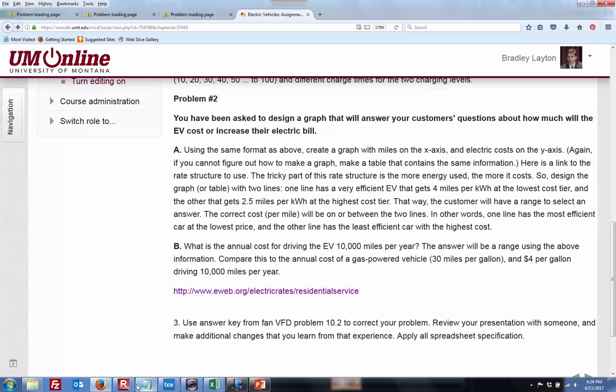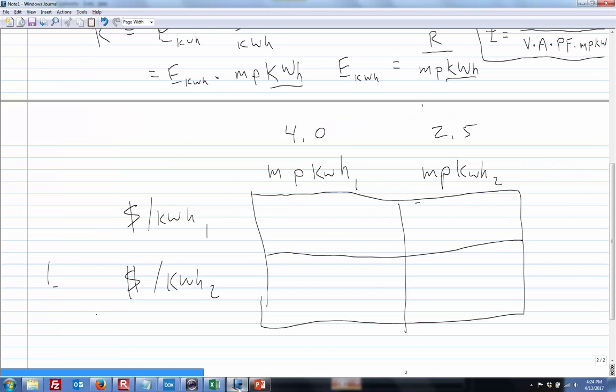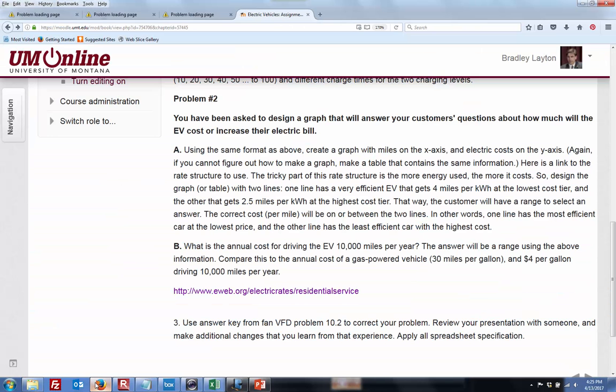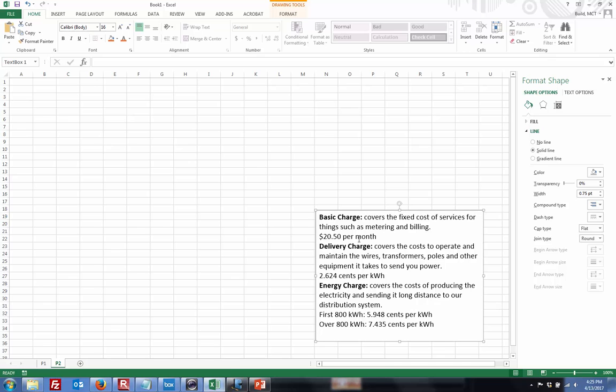Okay, so let's dive in here, and the numbers. There's not just a single number. So look at basically 20 plus 2.64 plus 5.9, and if we go over, then it's plus this additional amount.